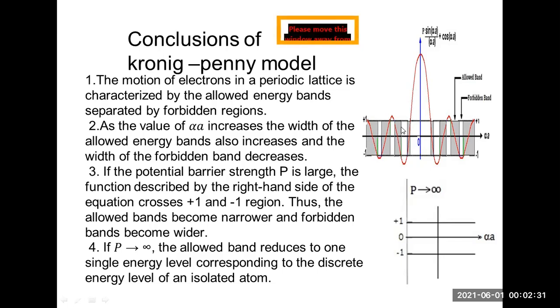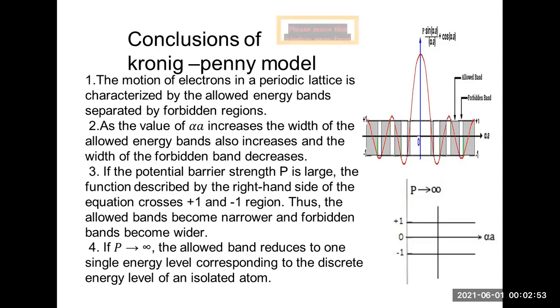Wherever you find a waveform, that is the allowed band. As the value of alpha a increases, the width of the allowed energy band increases, and the width of the forbidden band definitely decreases.